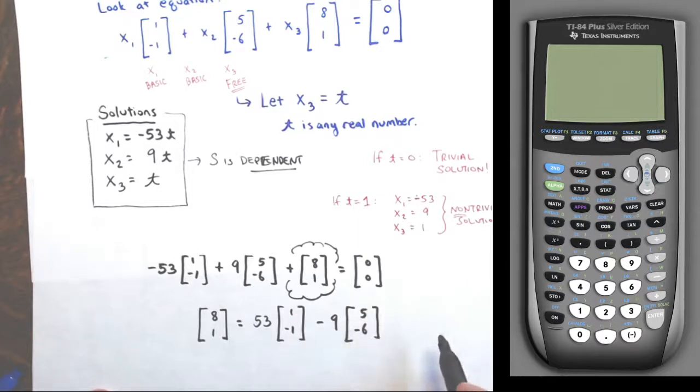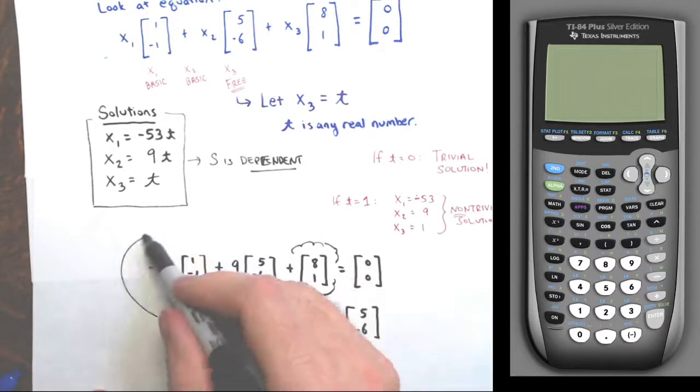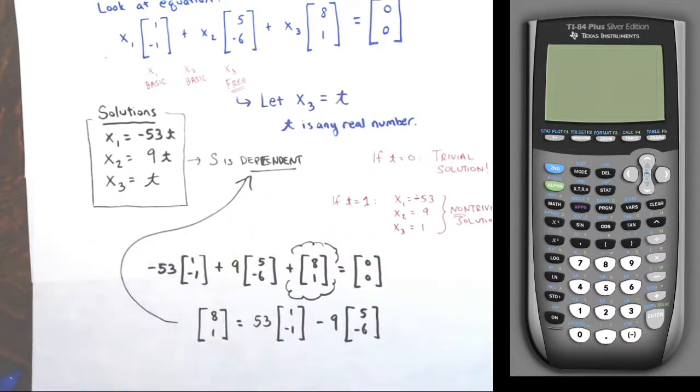And so definitely S is dependent, in that you can write one of the vectors as a linear combination of the others.